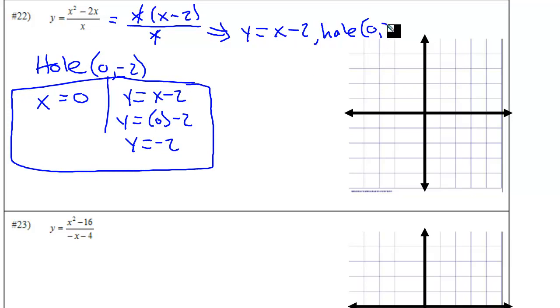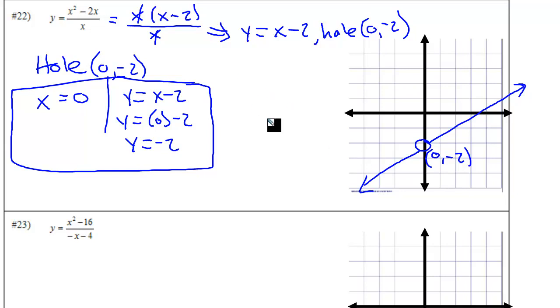So we are simply graphing a line, y equals x minus 2. It has a y-intercept of (0, -2) and a slope of 1. So it looks like this. But there's a hole at (0, -2), so we find that, put a hole in the graph, and label it (0, -2).